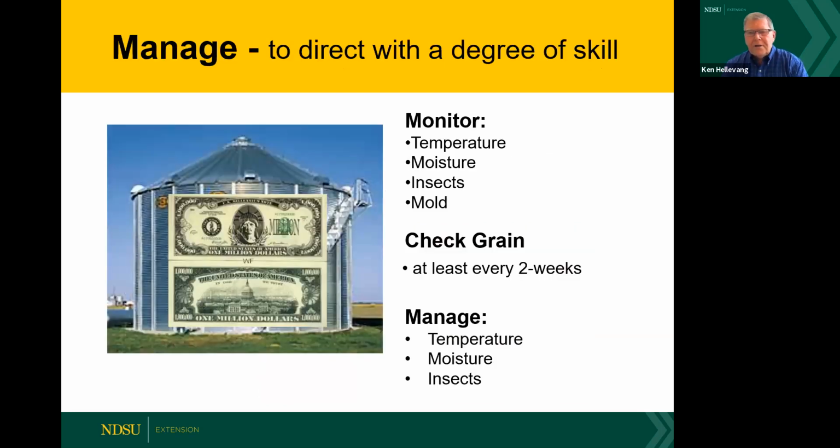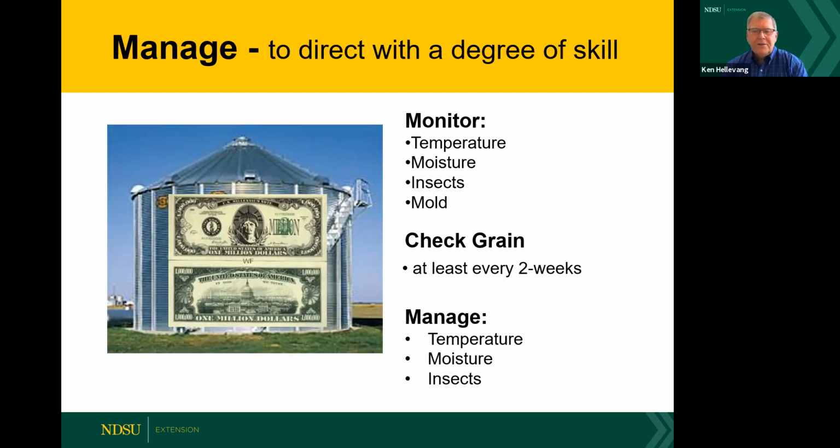And then it's critical that we manage our stored grain. And I've listed a definition for manage, which is to direct with a degree of skill. We need to understand storage practices that will help make sure that we can maintain the quality of that stored grain. And we've covered some of that in this presentation.